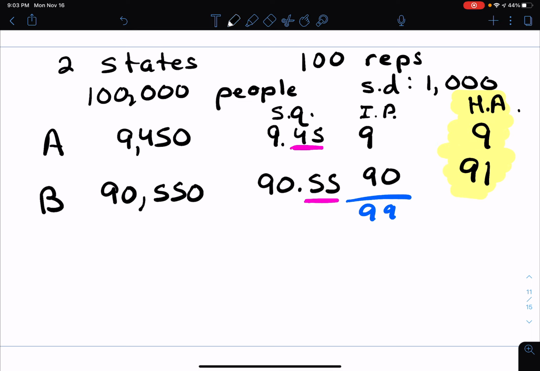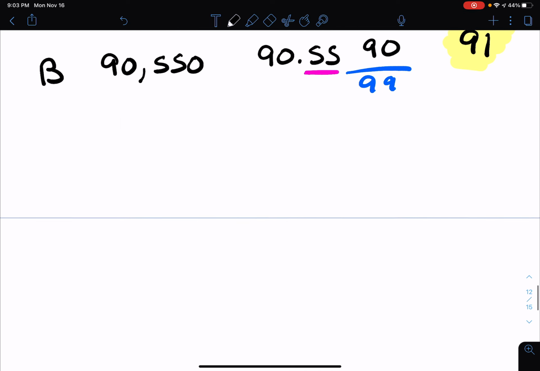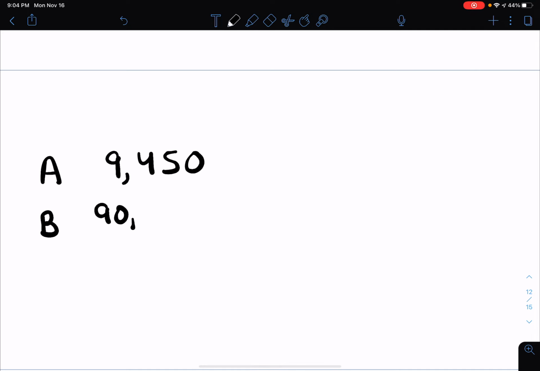Okay, so no big deal so far. But now we're going to have a State C come along. States A and B are going to keep their same populations. State A is still going to have 9,450 people. Nobody's leaving to go to State C. They're staying put. They like their houses. State B has 90,550.